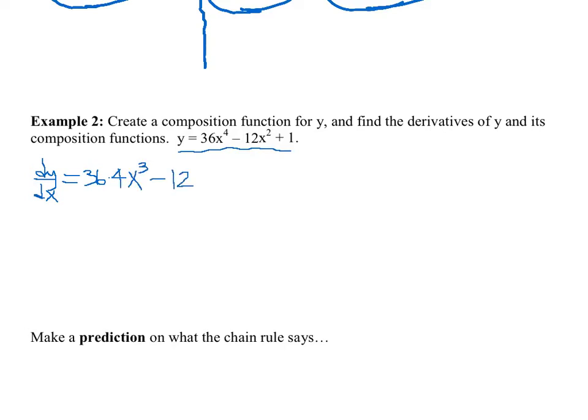The 12 is a constant multiple, then the derivative of x squared would be times 2x. And the 1 is a constant, which is being added, so that just goes away. So the derivative of y is going to be 12x cubed minus 24x.